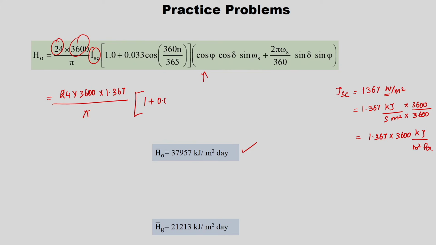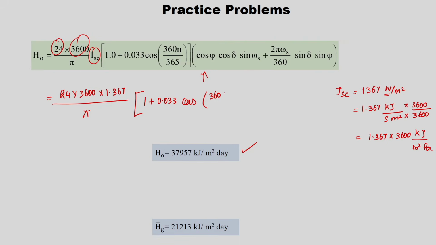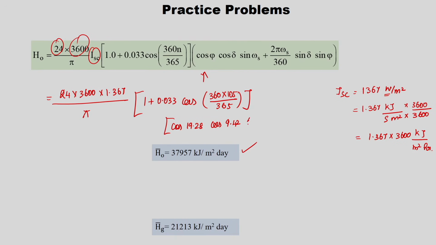Then 1 plus 0.033 cos of 360 times, remember what we are calculating is the 105th day of the year, upon 365, and then cos 19.28, cos 9.42, that is your delta, and then sin omega s, which is 93.32.